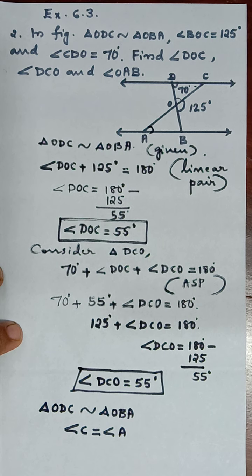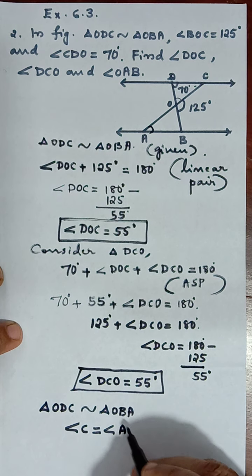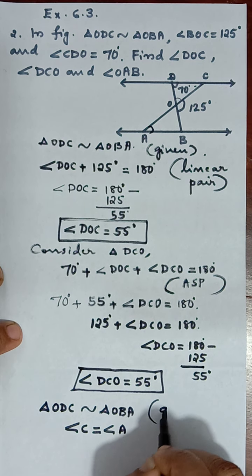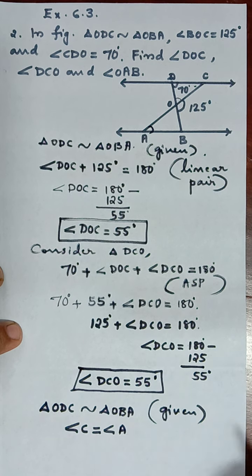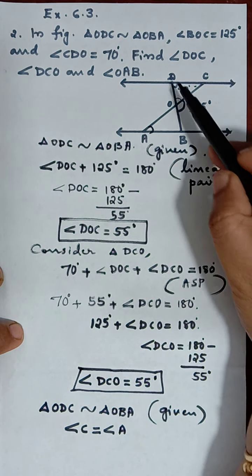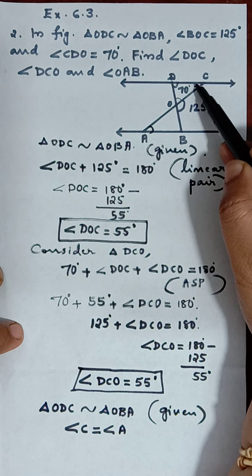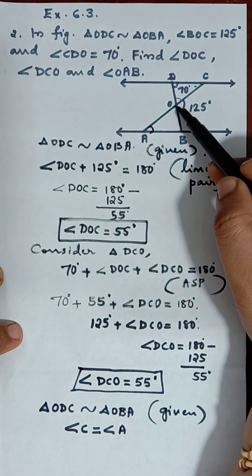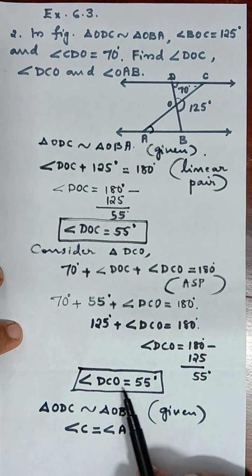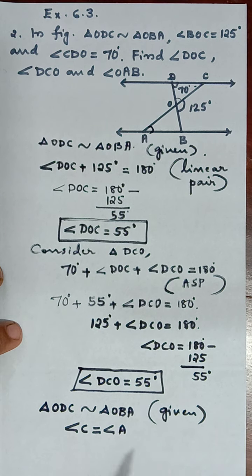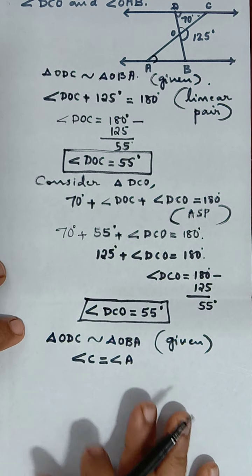Corresponding angles are equal, since these two triangles are similar, it is given to us. Angle C means it is DCO. C is angle DCO. DCO we have already found out, that is equal to 55 degree.